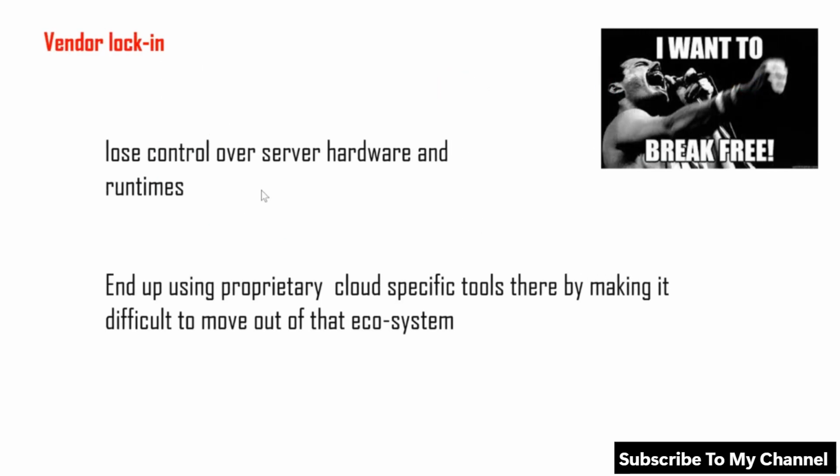Another disadvantage of using serverless is that you will have lost control over your hardware and the runtime. What eventually happens is that you end up using other proprietary cloud-specific tools that make it difficult for you to move out of that particular ecosystem. Let's assume that you've created a Lambda application. Now you would want a trigger like an S3 bucket or an SQS or an SNS, so you would use that.